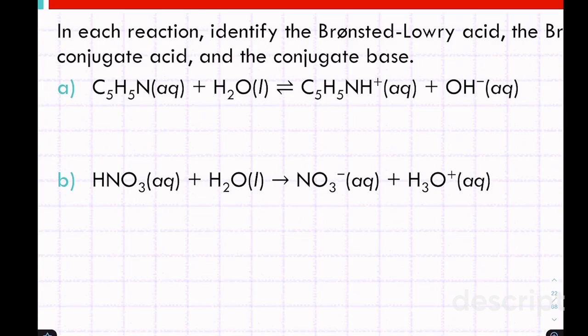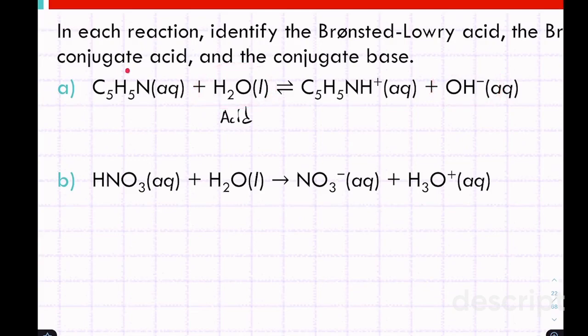Yeah. So it's the acid here. And you can always tell if something is an acid because going from reactants to products, it will lose one hydrogen. So we go from H2O to OH minus.